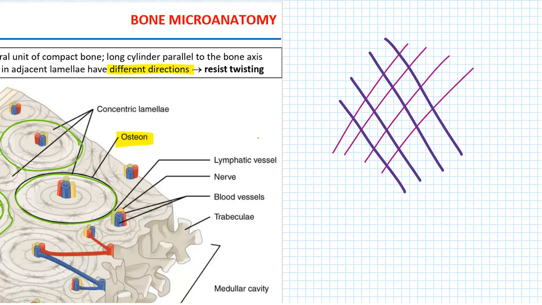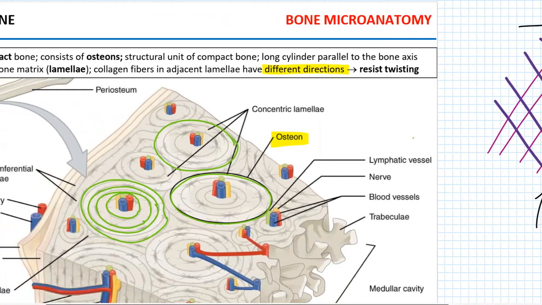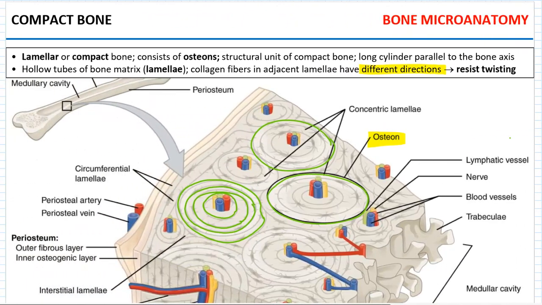When you start twisting the bone, the purple ones will give in to twisting, but the dark blue ones will oppose the twist. This is why bones are so resistant to twisting forces. You really have to produce a lot of effort to induce a twisting fracture.